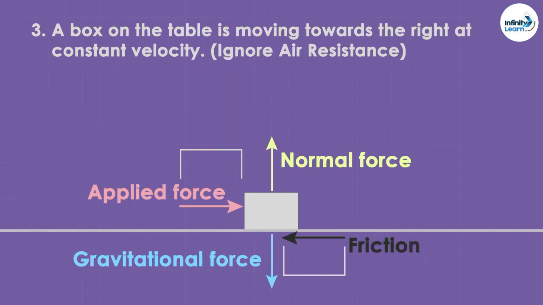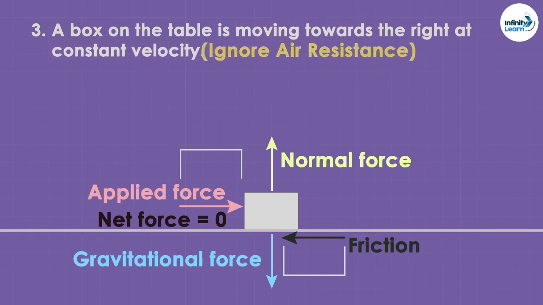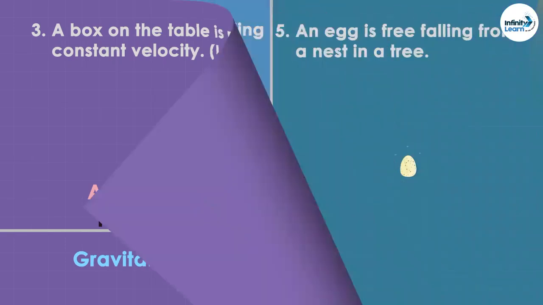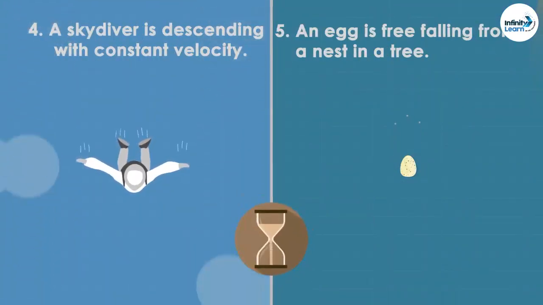Hence, the size of these two arrows will be the same. As the net force is 0, the body will continue to move at that constant velocity. And don't forget, we've been asked to ignore air resistance here. Now, would you like to try drawing the free body diagrams for the fourth and the fifth situations?